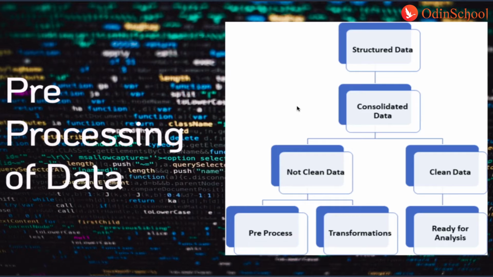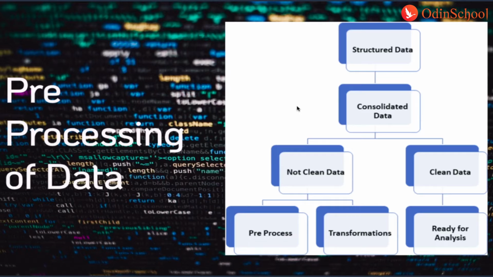That is also a very important job of a data scientist. It is part of pre-processing, where you create a flat file or consolidated data. Once you have the consolidated data, you find out whether your data is clean or not.